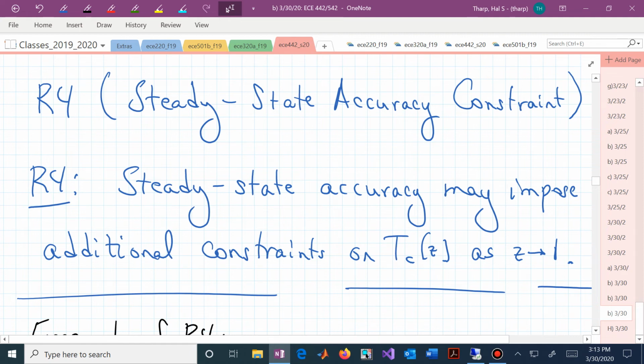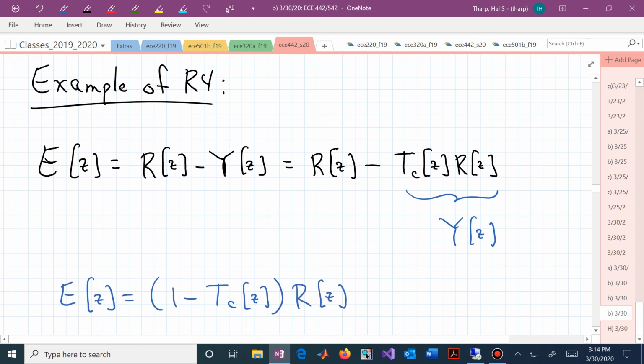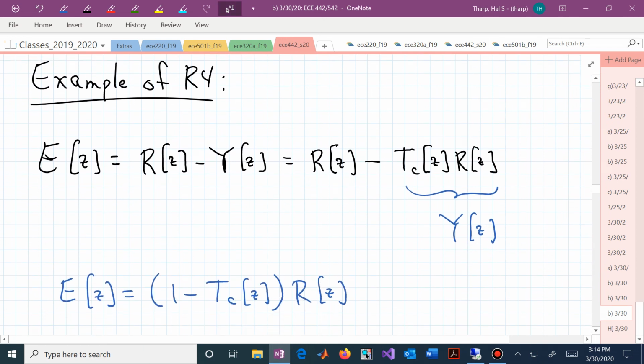Restrictions 2 and 3 put restrictions on the zero factors in T sub C of Z, and also on the zeros of 1 minus T sub C of Z. Now we're putting more restrictions on T sub C of Z through restriction 4 when we're talking about steady state accuracy. Here are ways of thinking about this fourth restriction.